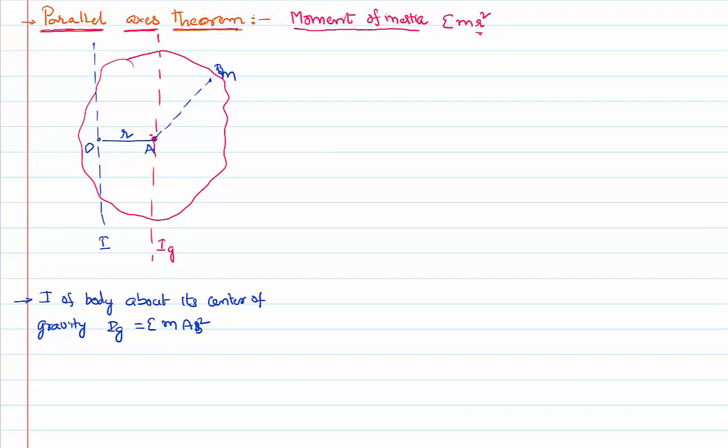Now the same body, or the same point from the parallel axis, is at a different distance, say OB, because I have assumed this distance as b.